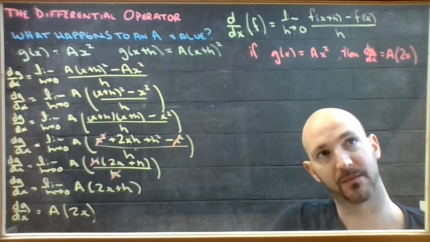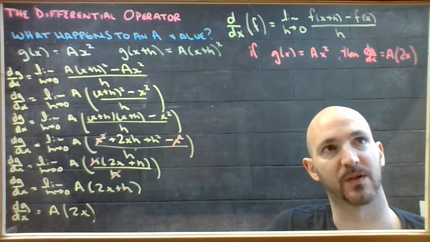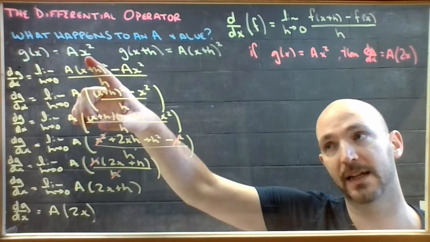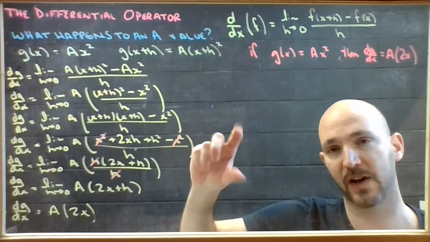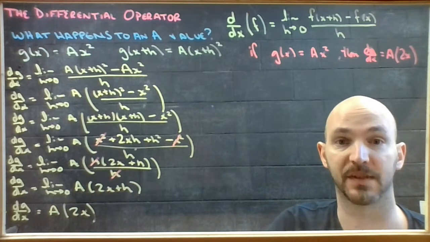X squared becomes 2x. Wonder if there's a pattern there. Okay, on we go. I'm going to try taking this parabola, and instead of stretching it, I'm going to move it around. I'm going to put a p value and a q value in there, and I'm going to see what we get.